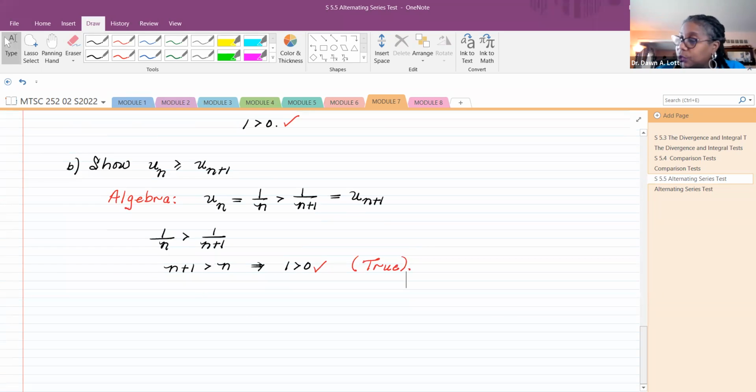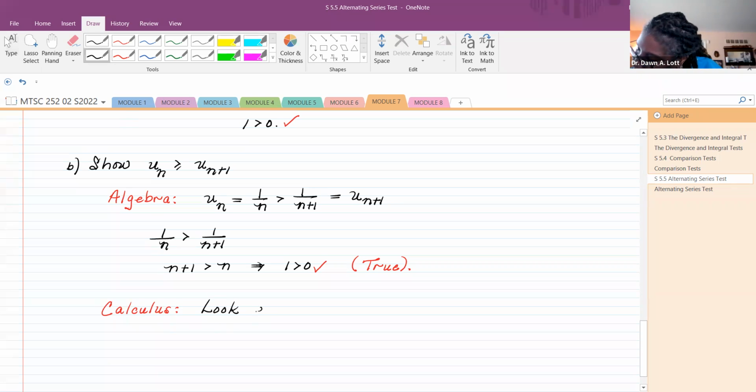Another way is I can use calculus. So by using calculus, I can look at the function f of n being UN.